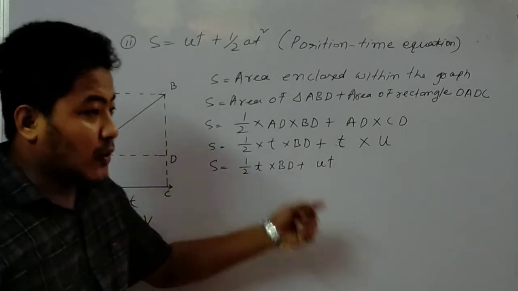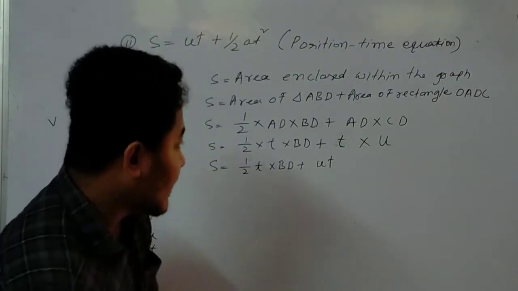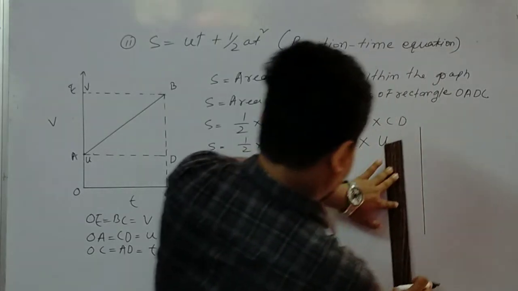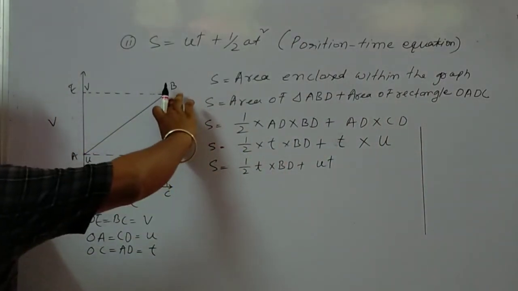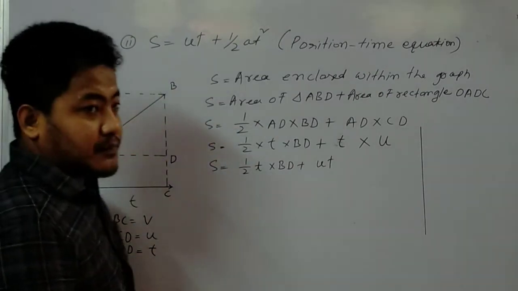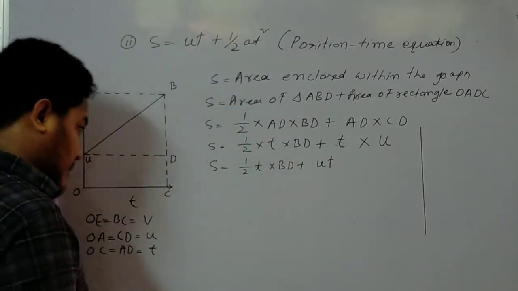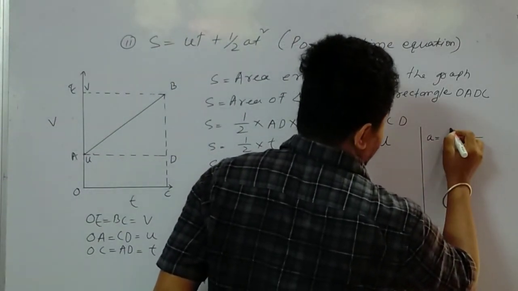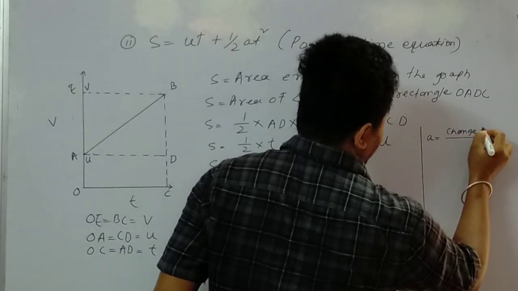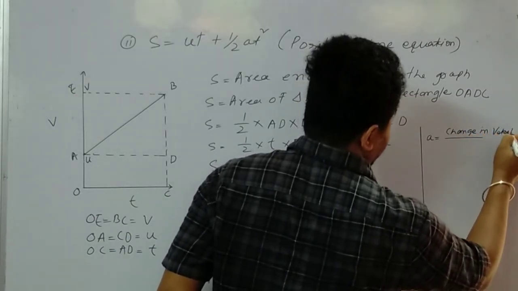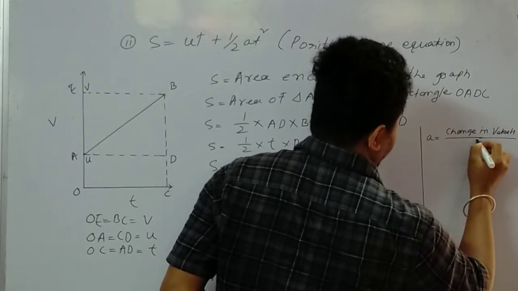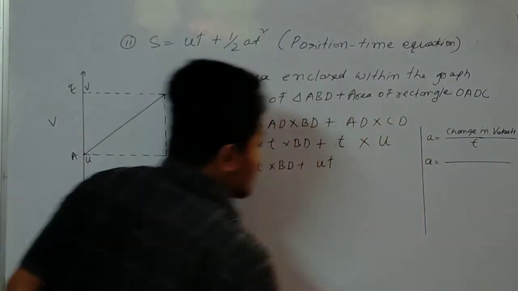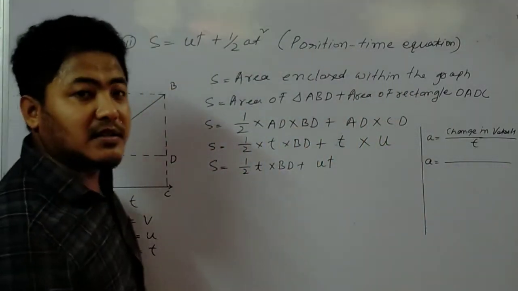Now what is this BD? We have already found the value of BD in the previous diagram, but still I am telling you. This BD is nothing but change in velocity. That means we found that in the previous case, acceleration is equal to change in velocity upon time. So in this case, change in velocity is final velocity minus initial velocity.